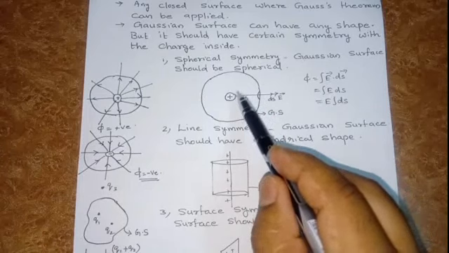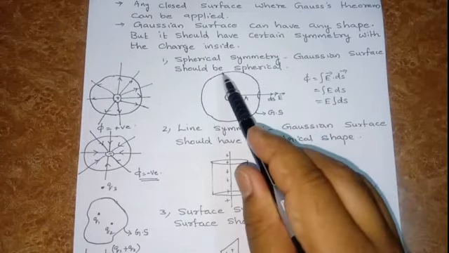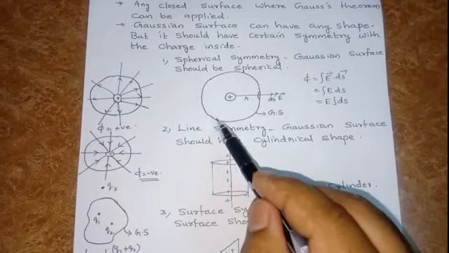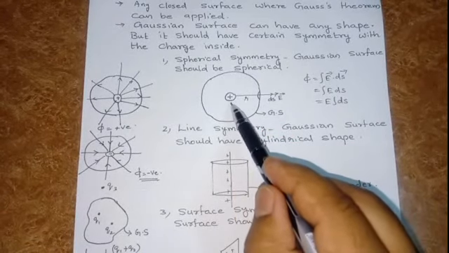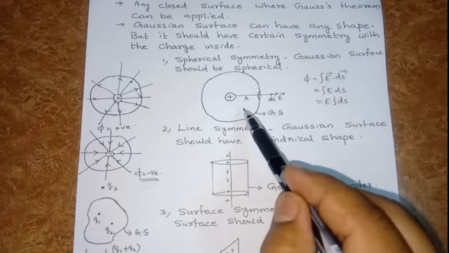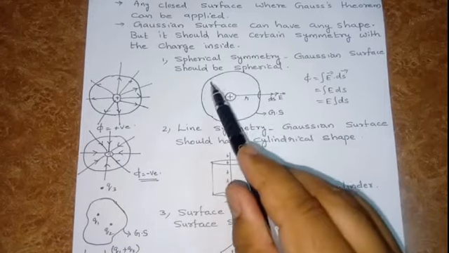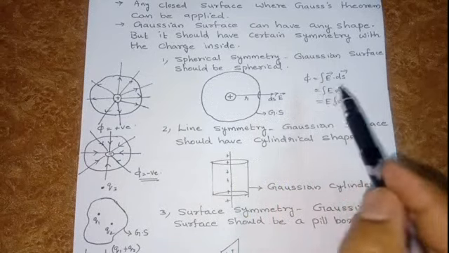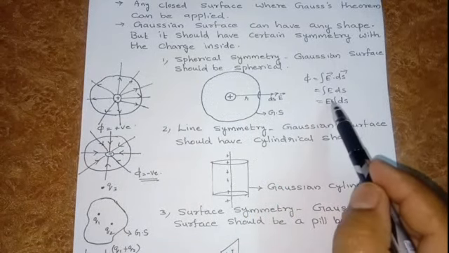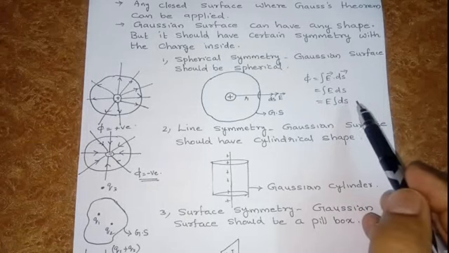Moreover, the electric field due to this charge at any point on the Gaussian surface will be the same, because the charge remains the same and the distance also remains the same. Therefore the electric field E is equal to 1 by 4 pi epsilon 0 times q by r square, which remains the same throughout the sphere. Since the electric field is constant, that also can be taken out. E into integral ds, we already know, is 4 pi r square.